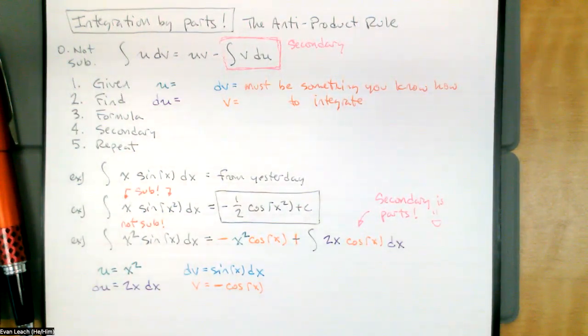We get to do parts again. At this point, you might wonder, why did I leave the 2 in the integral when normally I pull my constant factors out of the integral? I have secret reasons for this.